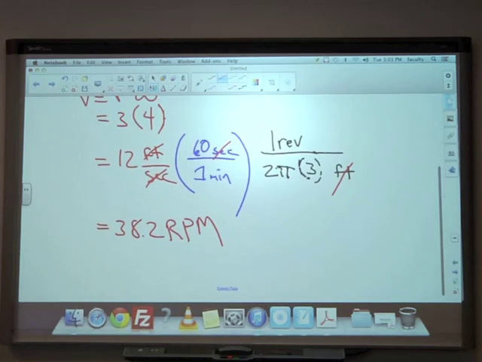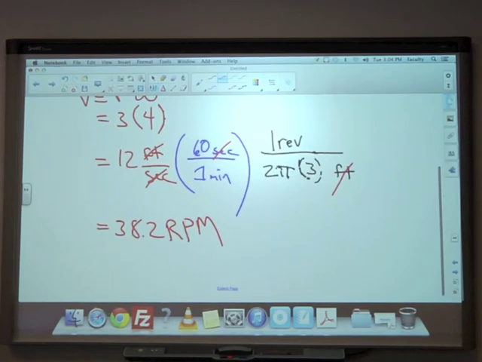So that's your revolution. That first part of the equation is my velocity, my linear velocity. But then I want to convert that number because it said the answer in terms of RPMs. So I need to convert feet per second into revolutions per minute.